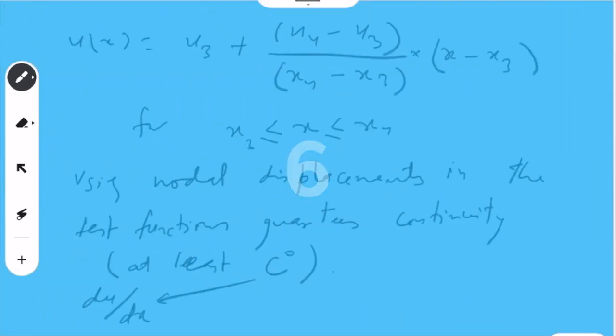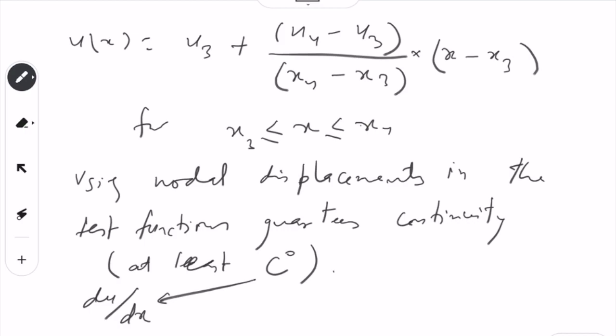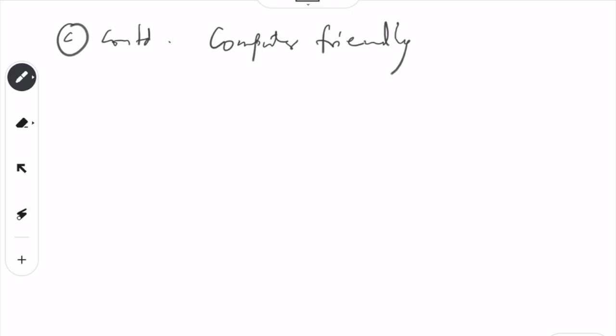We have been studying the computer friendliness. So, the second aspect of computer friendliness, continued. Finally, in the weak formulation, if you see, we have something like dw over dx E A du over dx and so on, right.